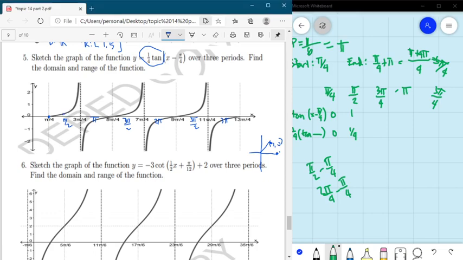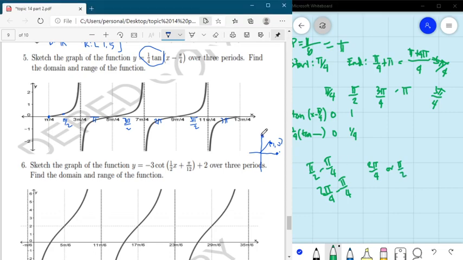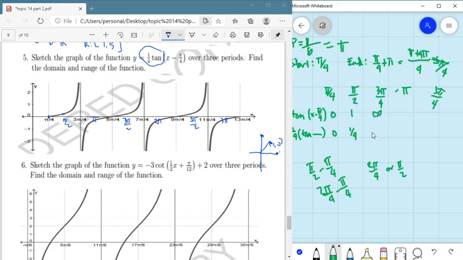For 3 pi over 4, 3 pi over 4 minus pi over 4 is 2 pi over 4 or pi over 2. So at pi over 2 here, your cosine is 0. Your sine is 1. So, 1 over 0 is undefined. Okay? So, undefined.